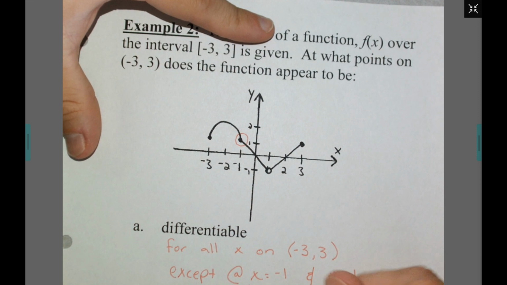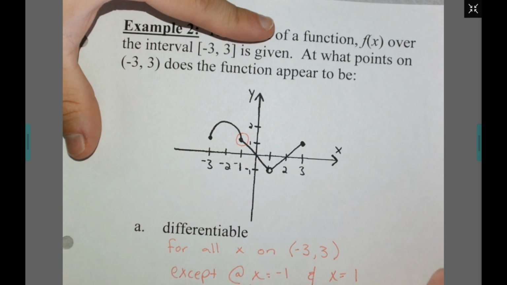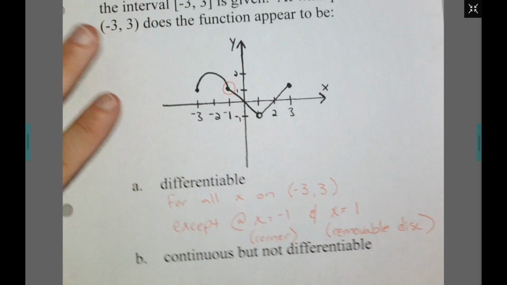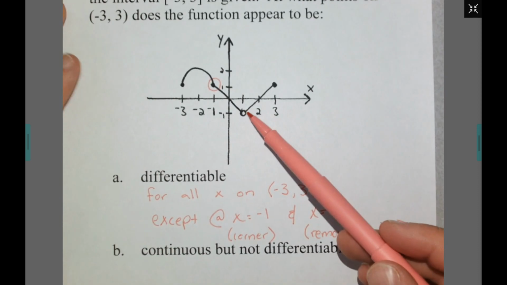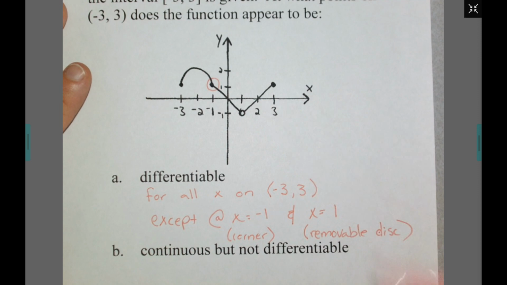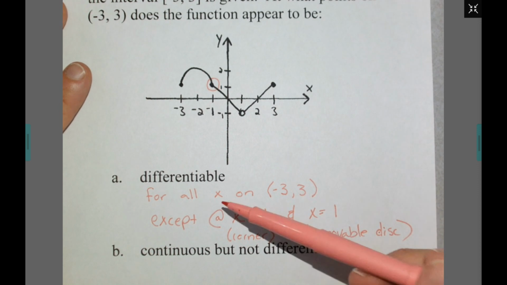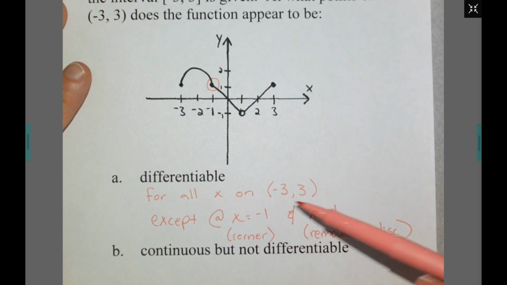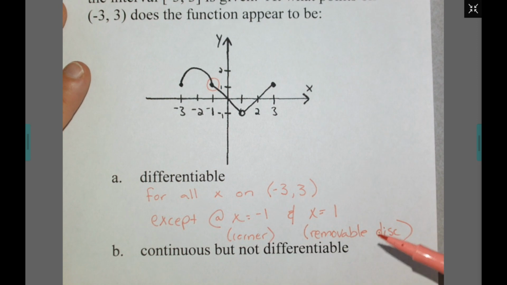We could say that it's a removable discontinuity. And actually, that's the route you have to go on that one, now that I think about it. You can't say it's a corner because it's actually not defined at x equals 1. So we're just going to say it's a removable discontinuity. So it's differentiable for all x values on the open interval except at -1, +1.